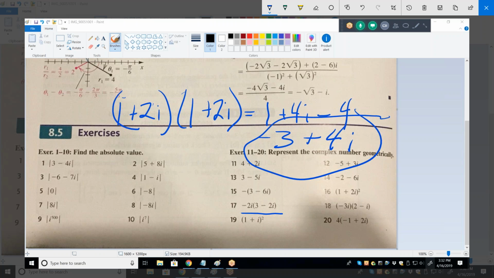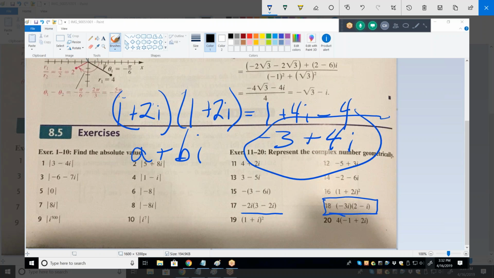Yes, i cubed is equal to that. So once you multiply those out, you're always going to have it in a plus bi format. There's no other format to have it in, because all your i squareds convert to a real number, all your i cubes convert to -i's, and i to the fourths convert to 1.